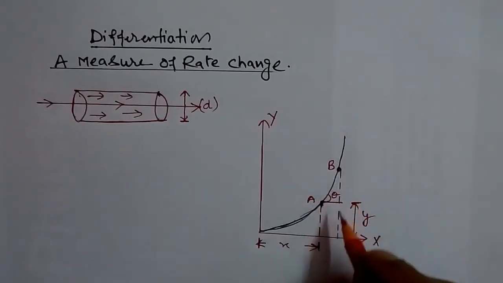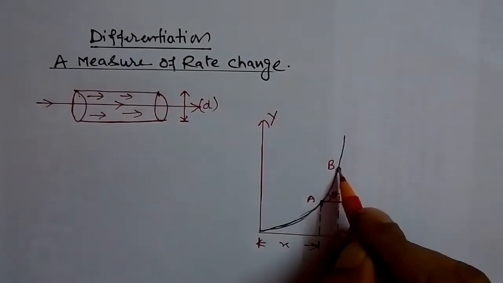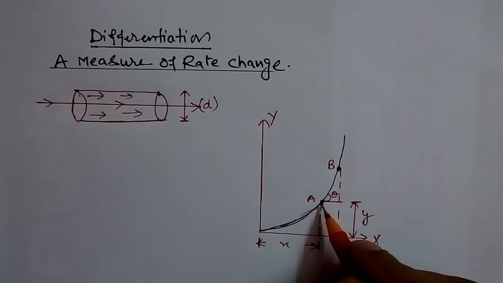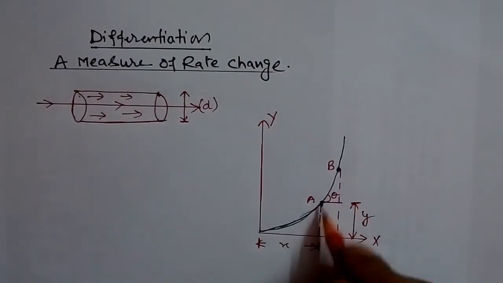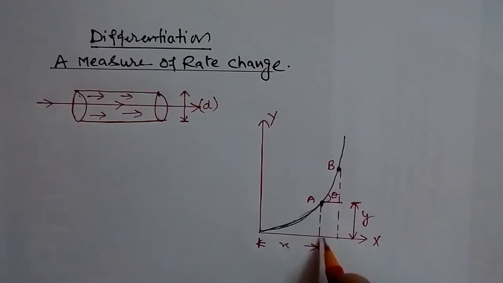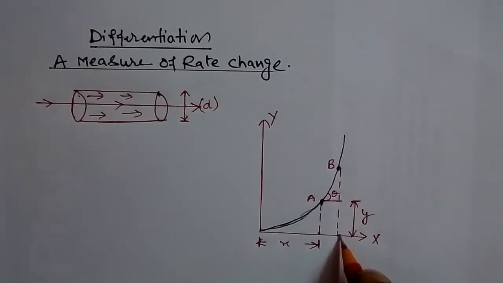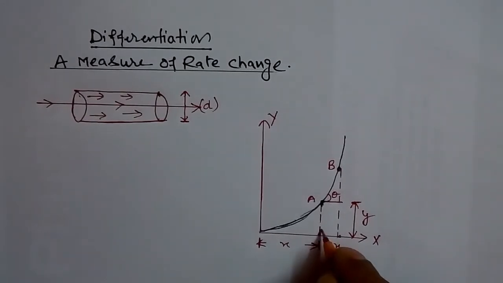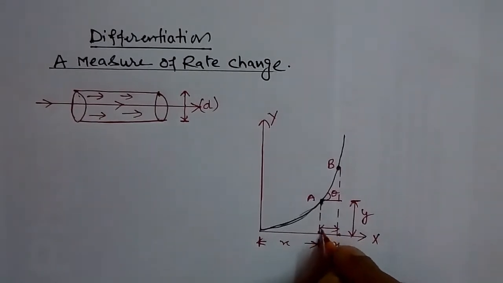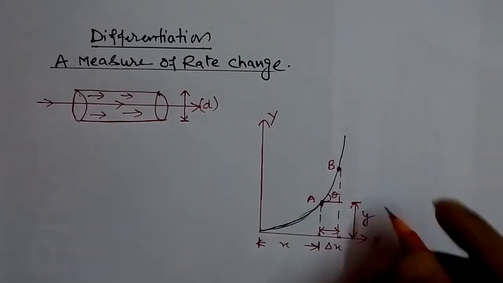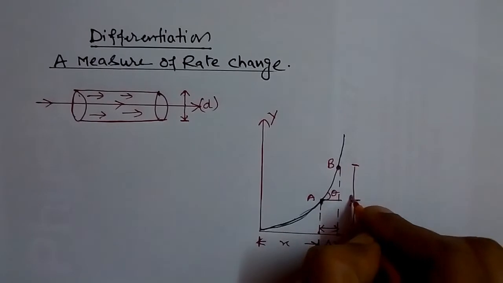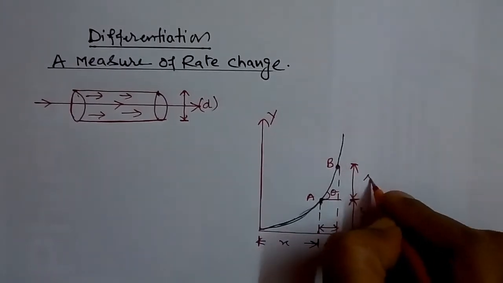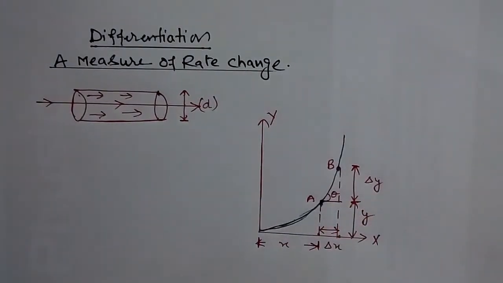As you can see, we have pointed out two points on the curve, A and B. From A and B, we draw perpendiculars to the x-axis so that we can find a distance delta x. So this particular distance is delta x. Similarly, this particular height can be given as delta y.